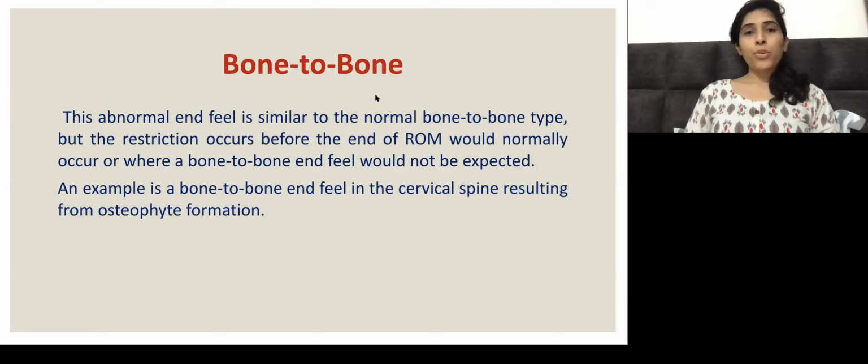Then we have bone to bone end feel, that is the abnormal type of bone to bone end feel. Normal bone to bone end feel we can get in the elbow extension motion, but in the case of abnormal end feel, the restriction occurs before the end range of motion is reached. Examples are in the cervical spine resulting from osteophyte formation, as well as in the knee joint many times after any replacement.